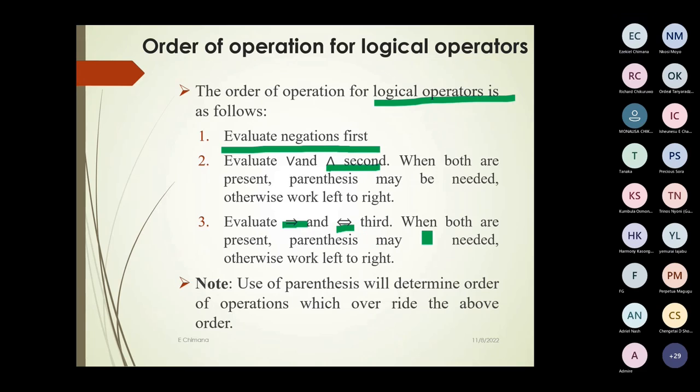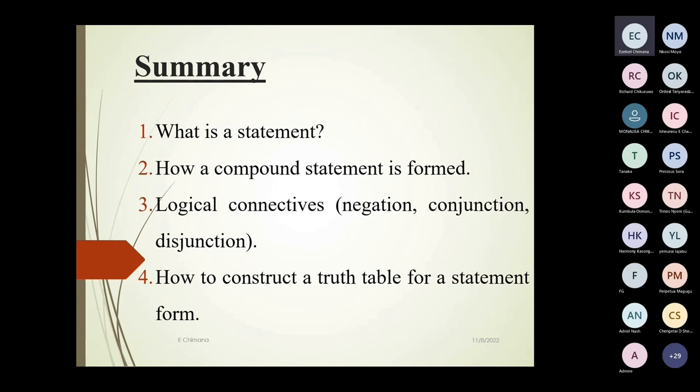So when both are present, parentheses may be needed. Otherwise, work from left to right. Use of parentheses will determine order of operations, which overrides the above order. So if there are parentheses, start with the parentheses.